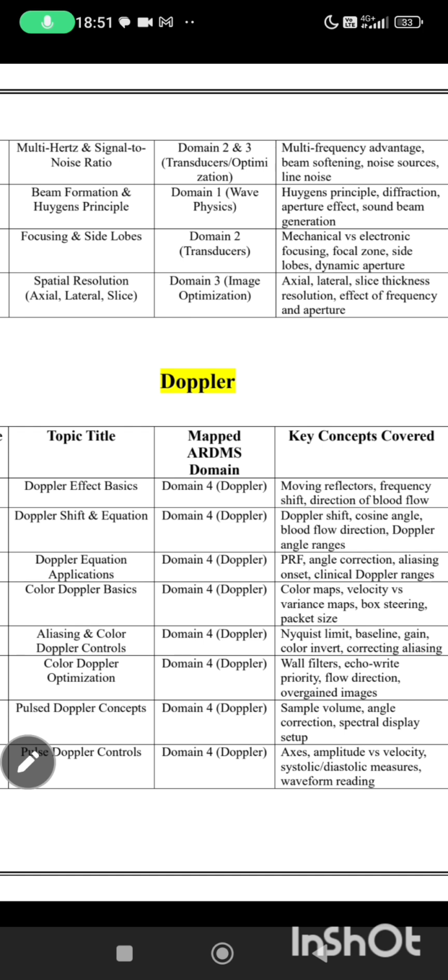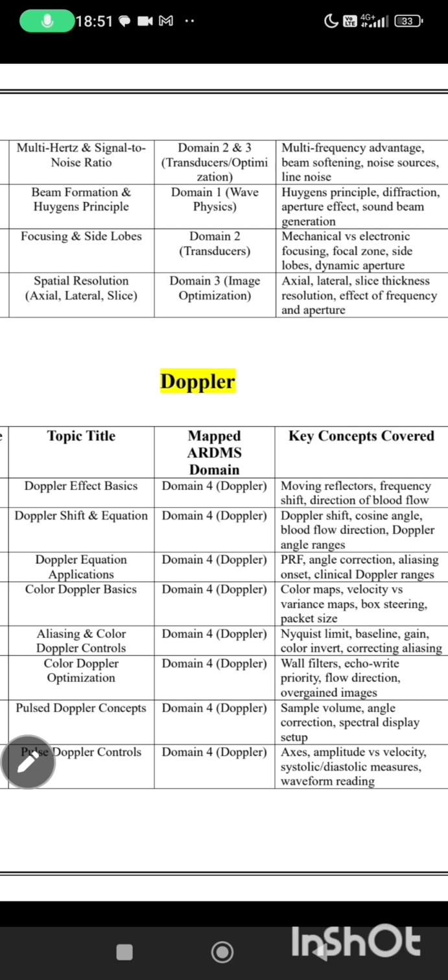Then there is packet size, very important. Packet size, another name is ensemble length. It is the number of pulses transmitted per scan line. So first you have to understand what the packet size is, what its other name is, that is ensemble length, then its definition, number of pulses transmitted per scan line, and then what the effect is.